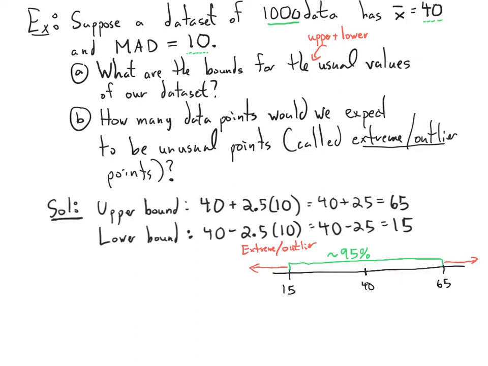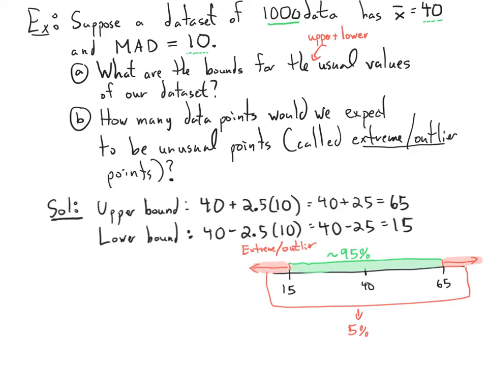And those together, they combine for 5% of our data. So we have 95% of our data in here. And then the remaining 5% is split up in these two areas.